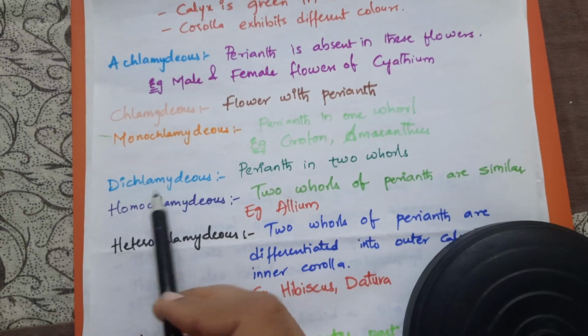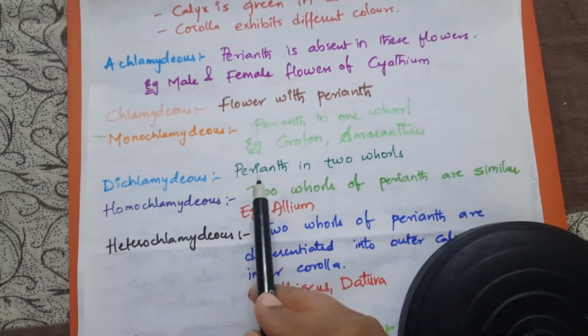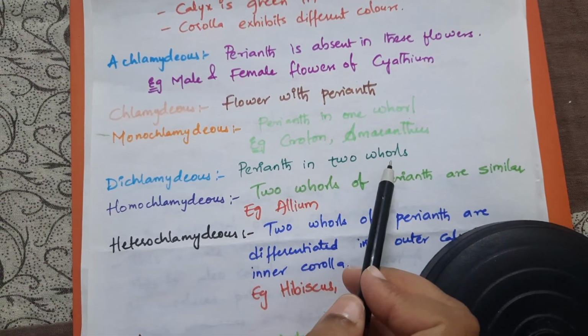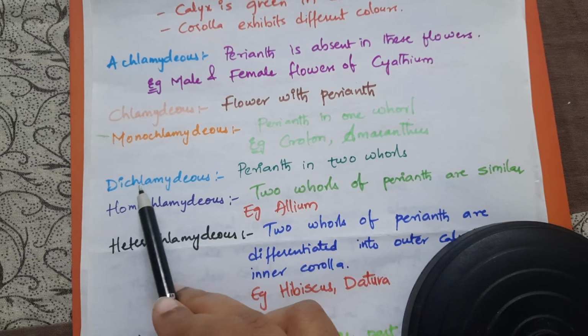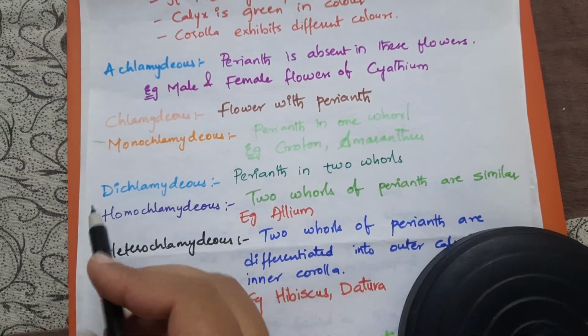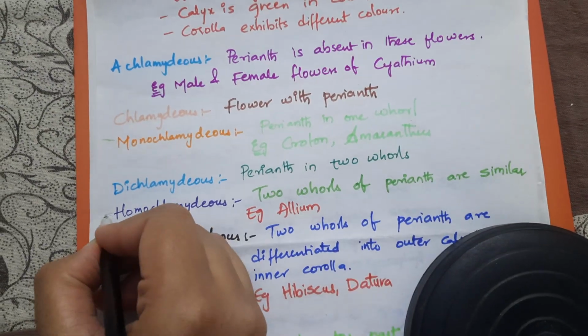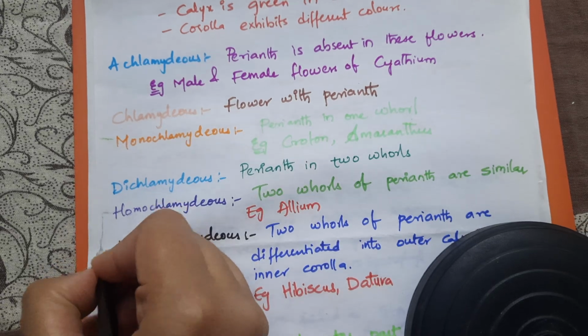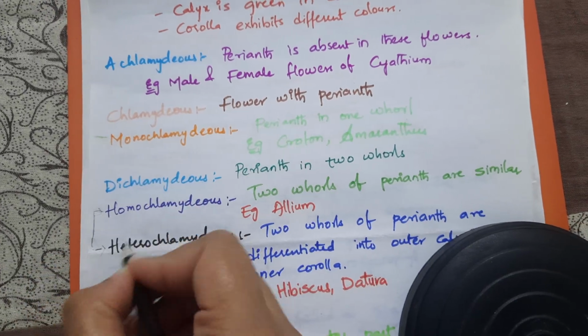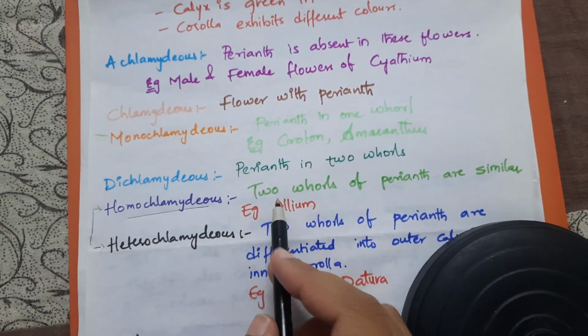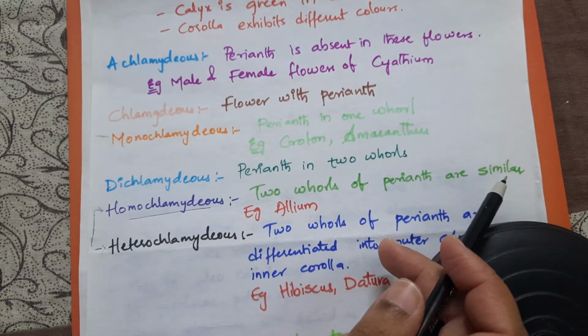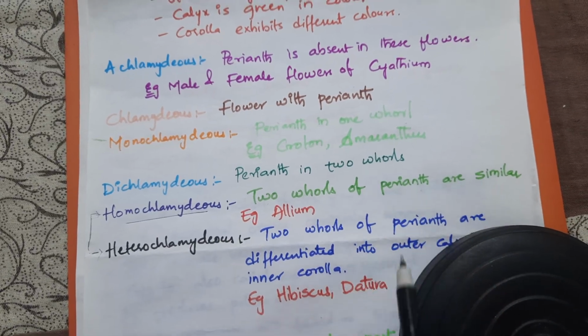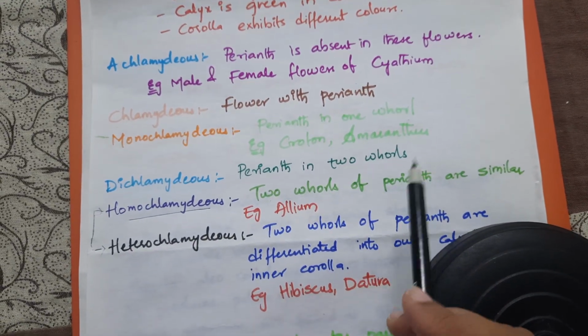The next one is the dichlamydeous, meaning the perianth is in two whorls. This dichlamydeous is further divided into two types, the homochlamydeous and the heterochlamydeous. What do you mean by homochlamydeous? The two whorls of the perianth are similar.